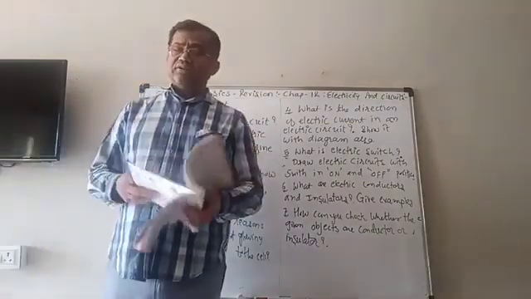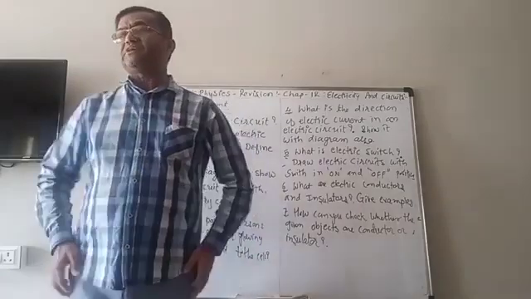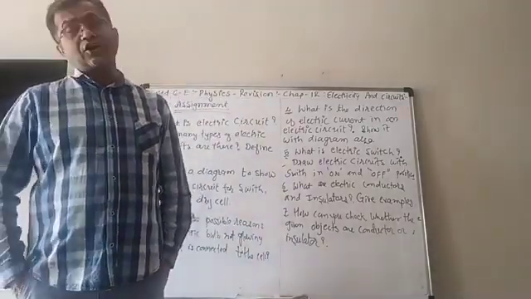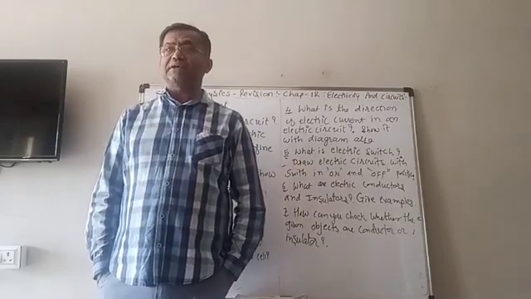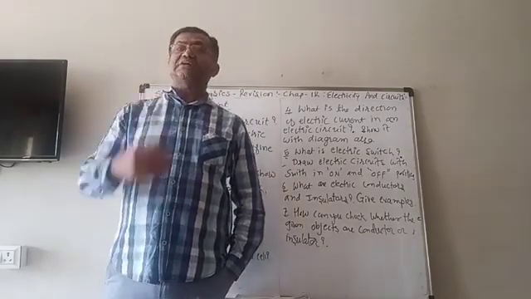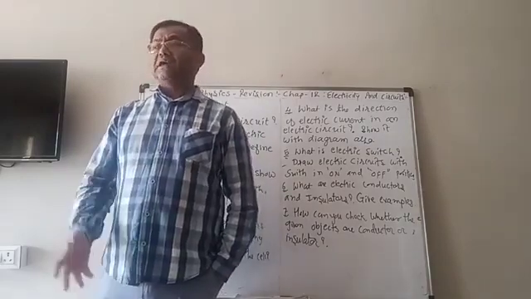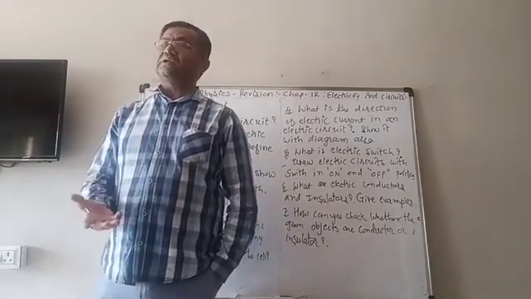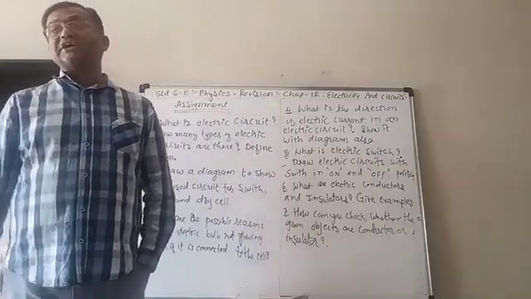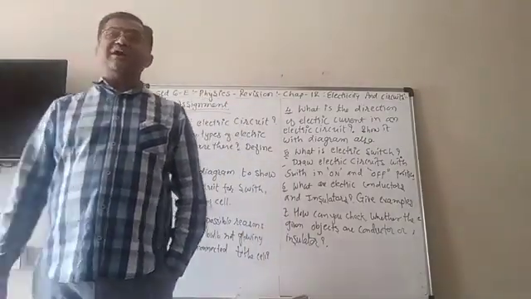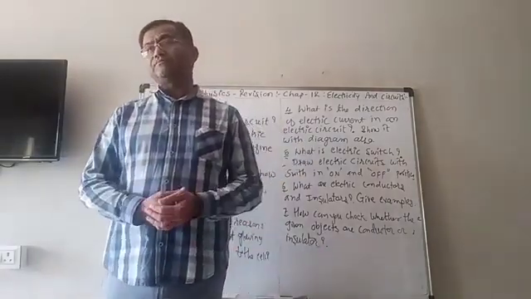And we know that both types of materials are very important in our life. Conductors are necessary and insulators are also necessary. Conductors are necessary to pass the current through the wires, and then we can use that electric current to do our daily work. Insulators are also necessary, because we know that wires are covered with insulating rubber.